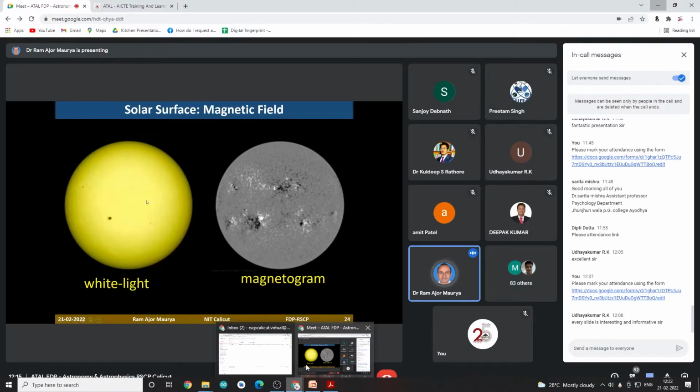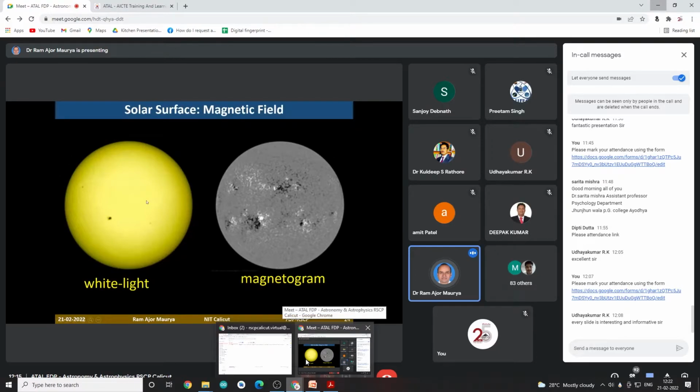So this is the interior. How to model it, how to study it, how to observe the interior? One option is to do theoretical modeling to find the physical parameters.